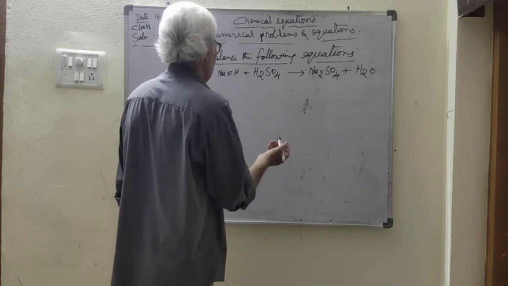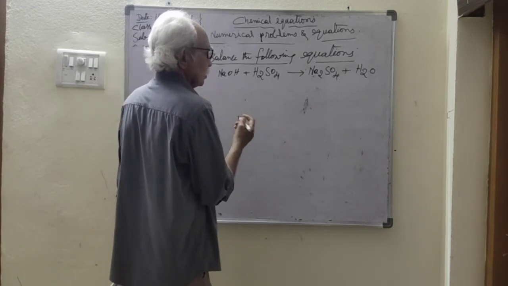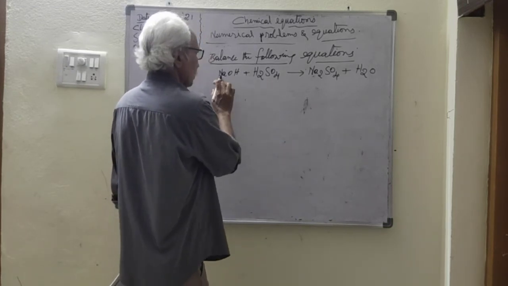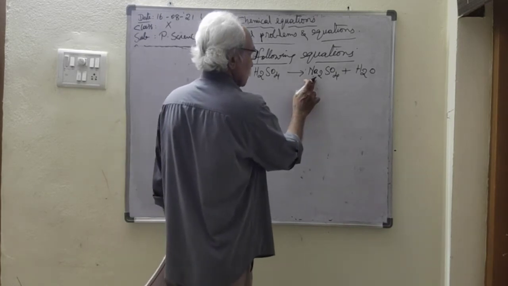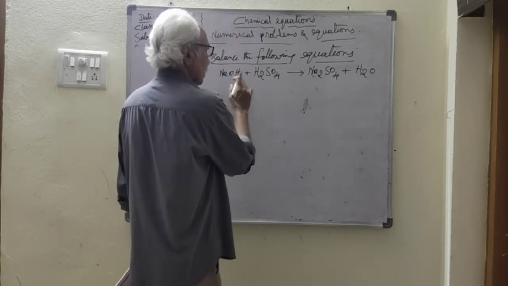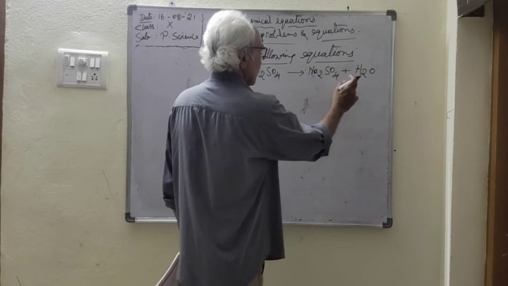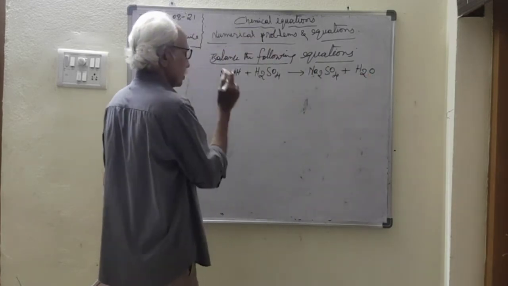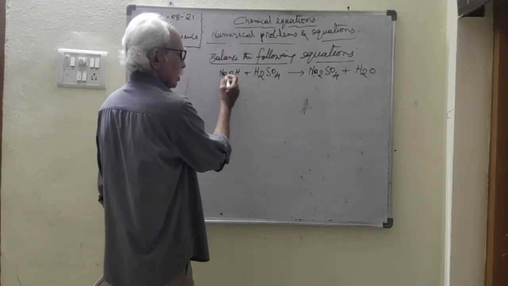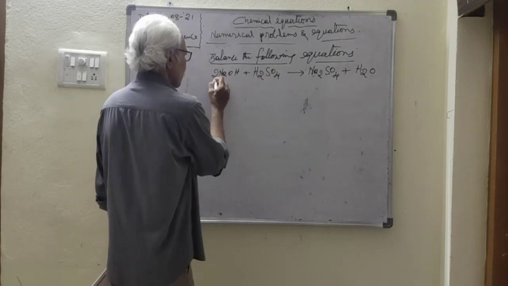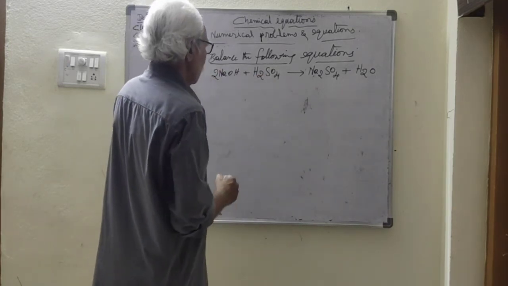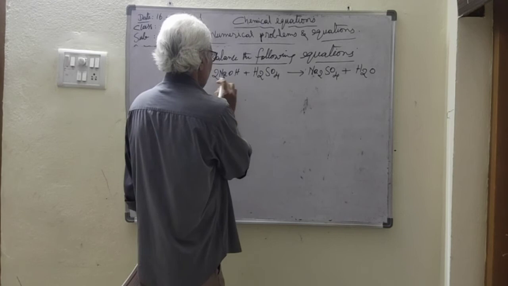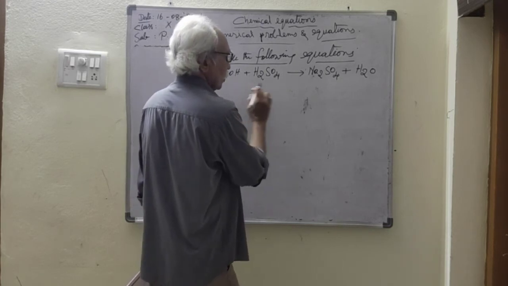Suppose here is sodium 1, here is sodium 2, oxygen is 1, here is 5. So we can start with sodium. Sodium is 1 here and 2 here, so multiply with 2. Now hydrogen, how many are there? 2 hydrogens, here 4.